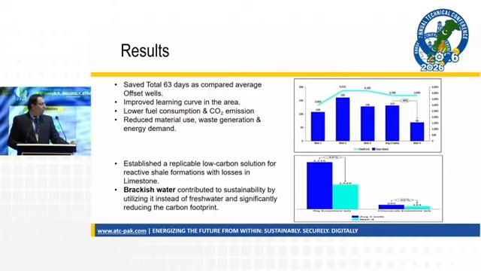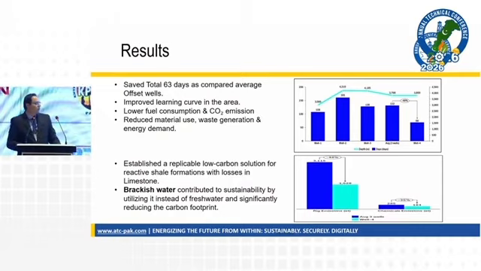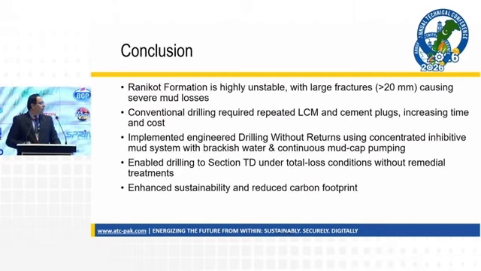So this established a replicable low carbon solution for the reactive shale formation with losses in limestone, with brackish water contributing to sustainability by being utilized instead of fresh water, and significantly reducing carbon footprint. The lower graph is showing we reduced CO2 emission by 35% compared to offset wells.